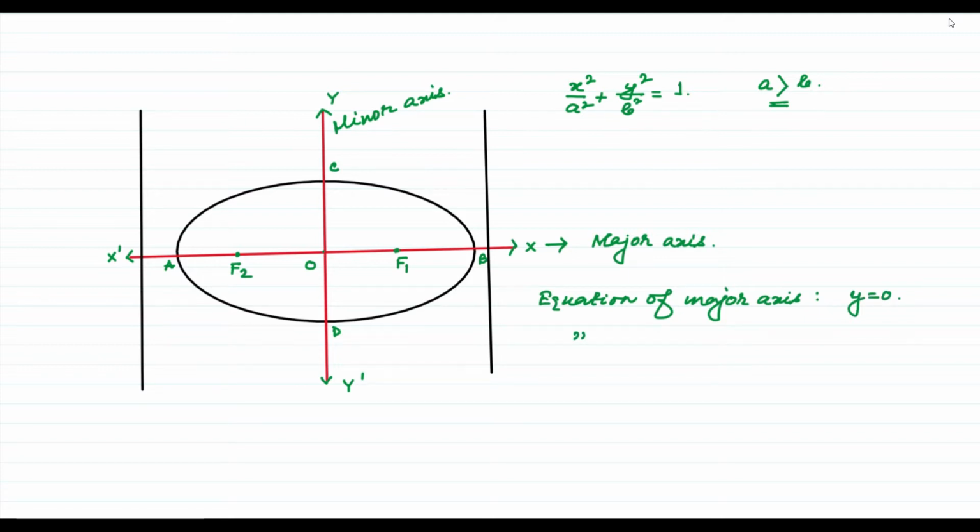Equation of the minor axis is x equals 0. Coordinates of the foci: F1, the coordinate we considered here, is ae comma 0, and this is minus ae comma 0.